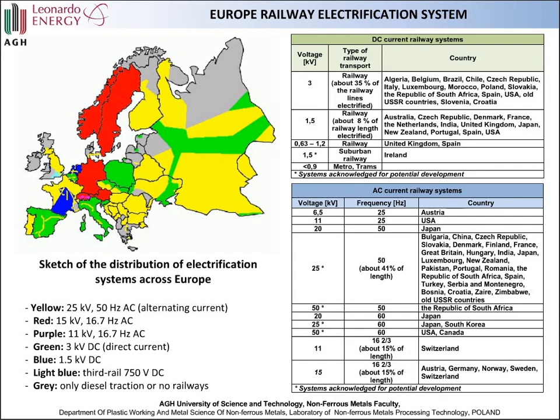As for AC current, the most popular is 25 kV, which is about 41% of all railway transport, which is pretty high. Of course, the type of the line and the amount of voltage determines individual conditions of each railway line. I will be speaking in detail about those differences as a function of needed material properties later.